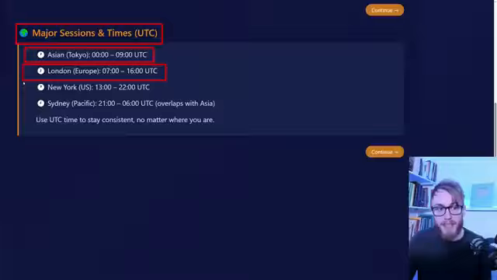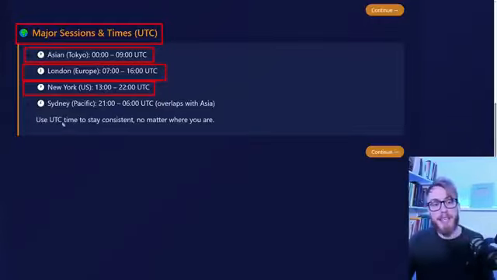The next major session, this is basically the largest session in the world. That is the New York session. And this one goes from 13 to 22 UTC. Last but not least, we have the Sydney or Pacific session that goes from 21 to 6 UTC. And this one overlaps with Asia.